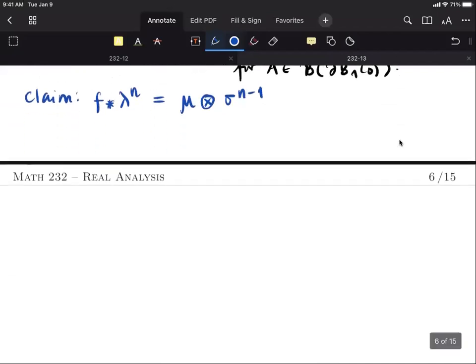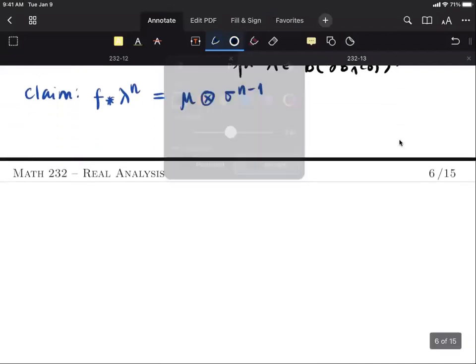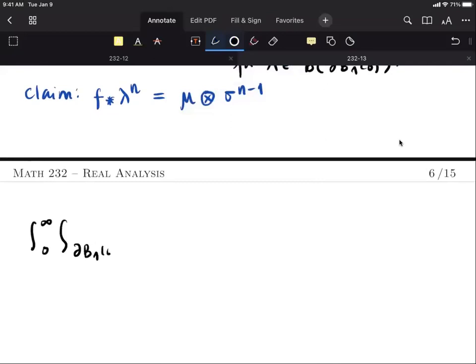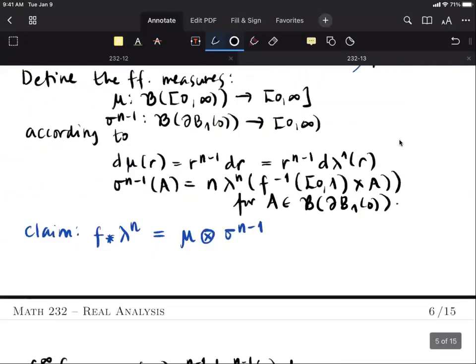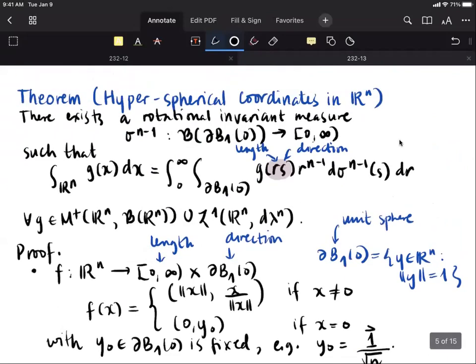So assuming at the moment that this claim holds, then let's consider this integral, this double or iterated integral, namely the one on the right-hand side of our theorem, this one.